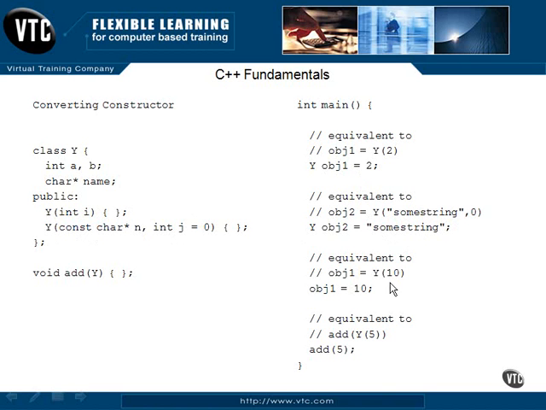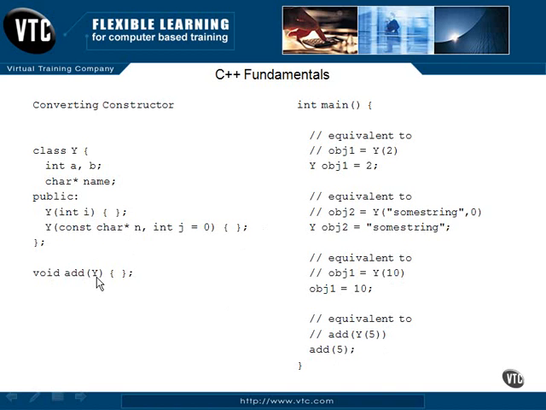Again, here's the actual call, and this is what it really is going to look like when it performs. Here again we pass a 10 into Y, that's an integer, so that uses this one, or object1 equal to 10. It performs the same kind of functionality so that the number gets passed in and then the Y object is returned to object1. And the add of Y of 5 is what this is equivalent to, the add sub 5, and that's our little add method over here.